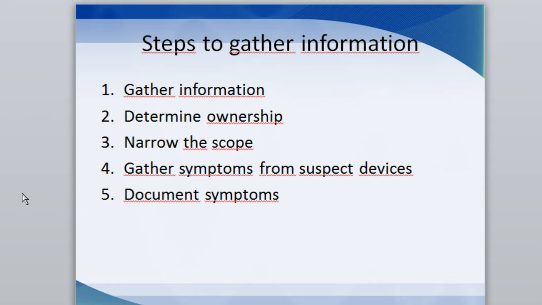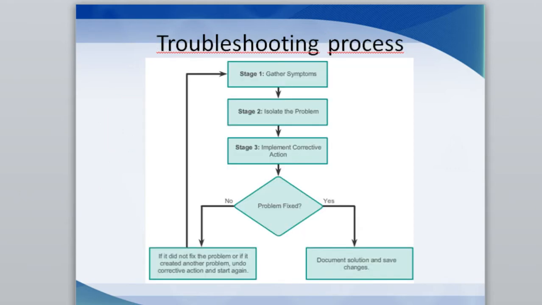And I'm not talking about documenting the symptoms in all stages, but having documentation for what is happening and what you are doing. Here you gather the symptoms and document everything that's happening. You isolate the problem and you document how you are isolating the problem.